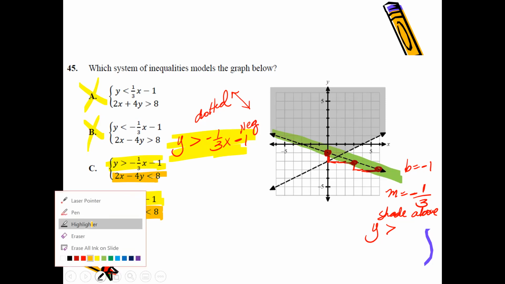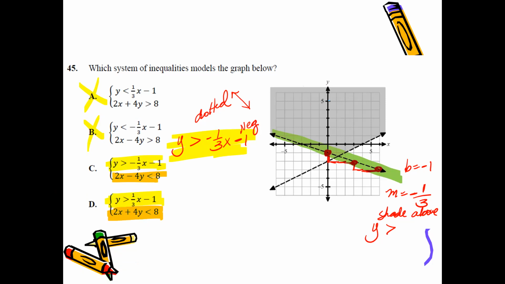And this is what you do. You're going to pick a point that's inside this gray area. I'm just going to pick this point right here. And that point is (0, 5). I'm going to plug that into either the second equation for C or the second equation for D. And whichever one is true, that is the correct answer.